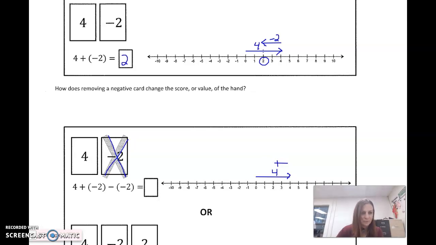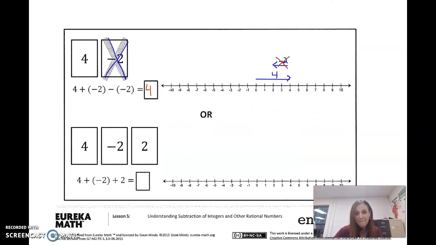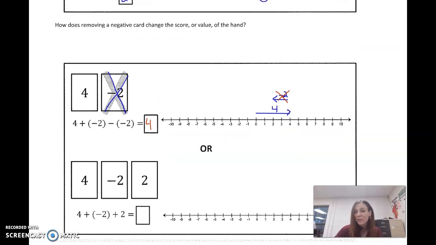And now I'm going to get rid of that negative 2. See how I'm minusing off a negative 2? If I get rid of it, it kind of looks like we're at 4. So how does removing a negative card change the score of the hand? It kind of looks like instead of being at 2, we're just going to increase it by 2.